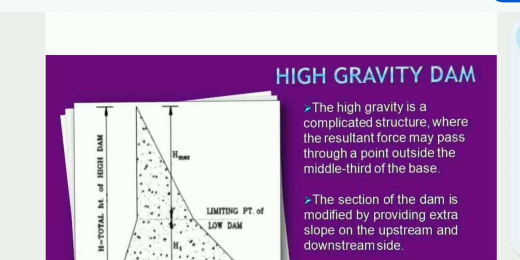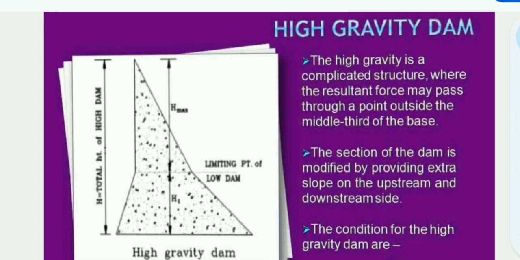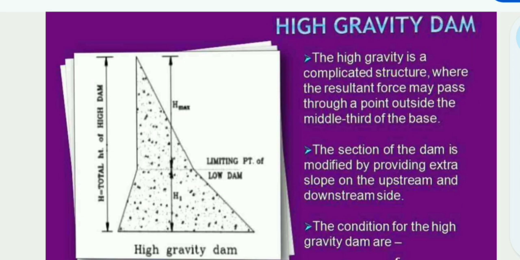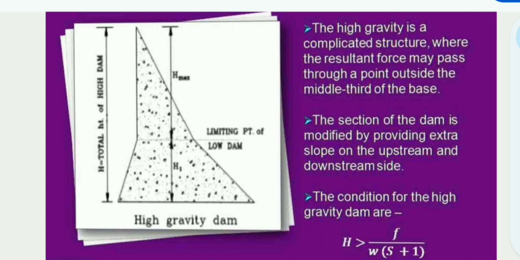High gravity dam. The high gravity dam is a complicated structure where the resultant force may pass through a point outside the middle third of the base. The section of the dam is modified by providing extra slope on the upstream and downstream side.